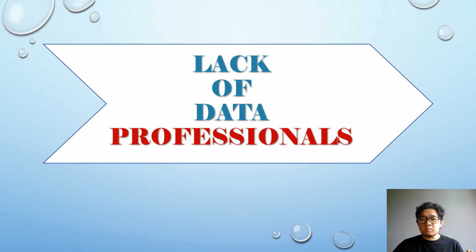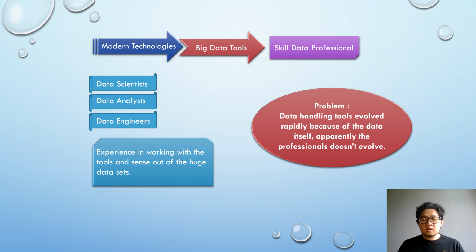The fourth one, we'll talk about lack of professionals. As we know, the formula: when it comes to data, there will be modern technologies, there will be big data tools, and at the end, skilled data professionals will be needed.